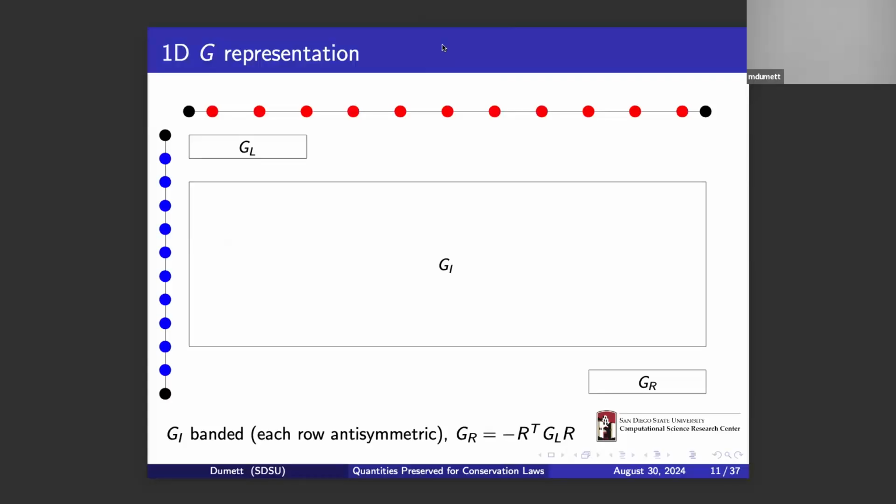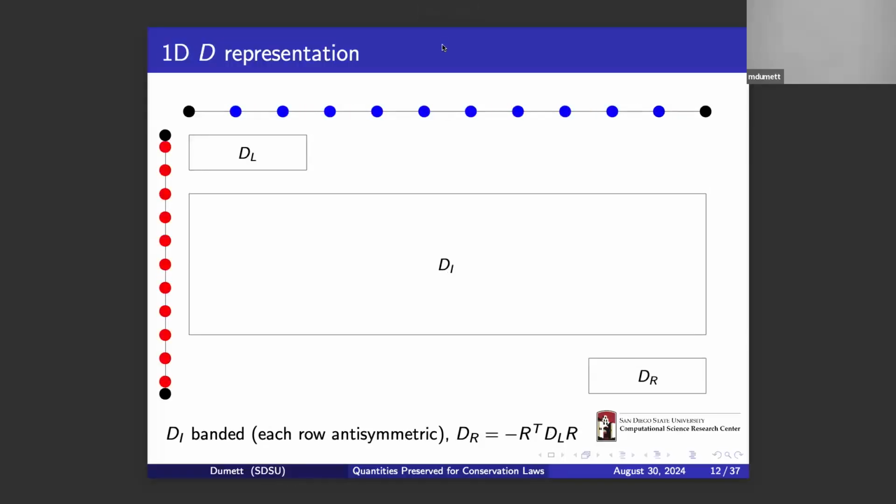Because of the anti-symmetry, this GR should be given by this, GL is over there, and R is the matrix that has ones not along the main diagonal but along the other diagonal, and the rest zeros. Similarly, for D you will have a similar structure. You have the input on the nodes and the output on the centers.